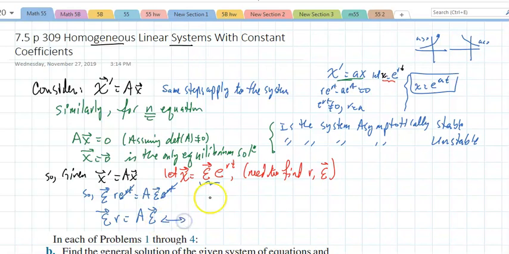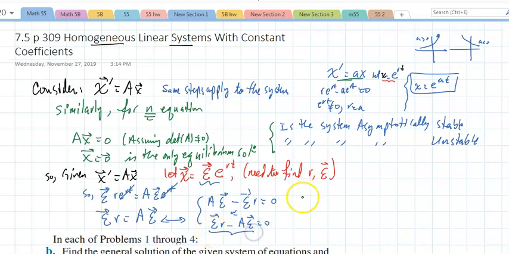That's identical to saying, you could do it two ways: I could say AE minus ER equals 0, or I could say ER minus AE equals 0.